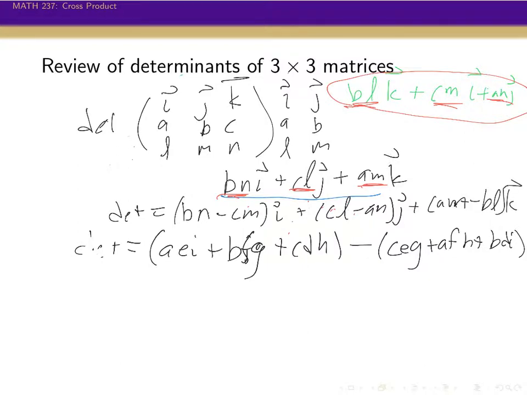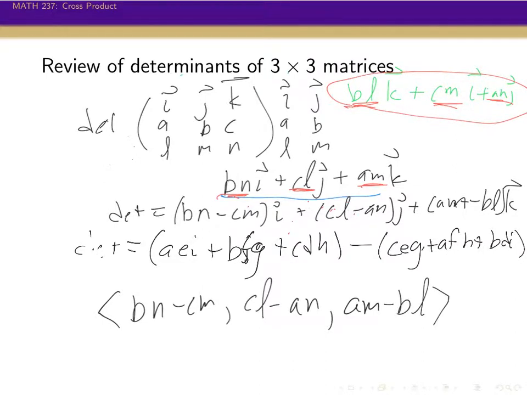Putting this together, BN minus CM times i gives me my x component. CL minus AN times j gives me my y component. AM minus BL times k says that my z component is AM minus BL. And that's the same thing as we got before. I'm not saying that you have to do determinants like this, but this is how I remember how to do 3x3 determinants.